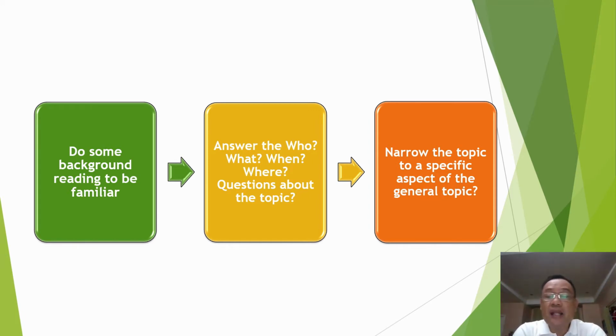Number two, answer the who. Of course, who are your respondents? Whom you're going to gather your data? What are you going to gather from them? When will you conduct the study? Is it for 6 months? Is it for 1 year? Is it for 2 years?